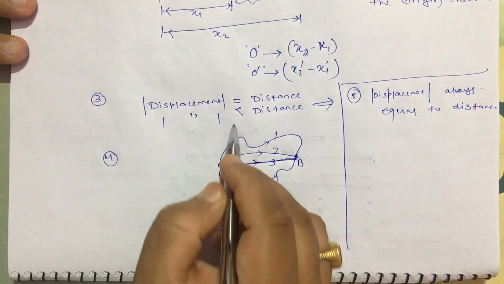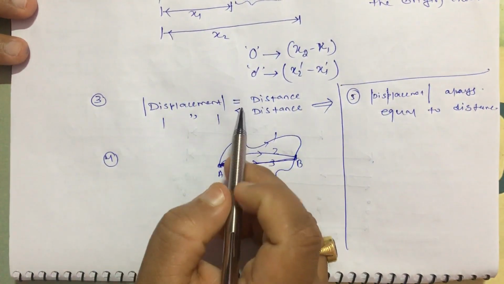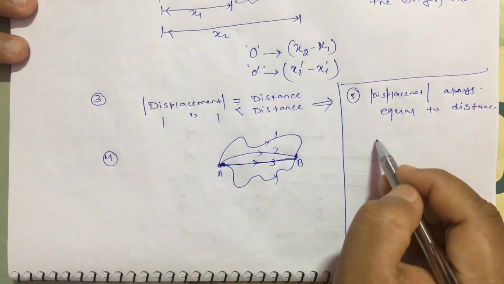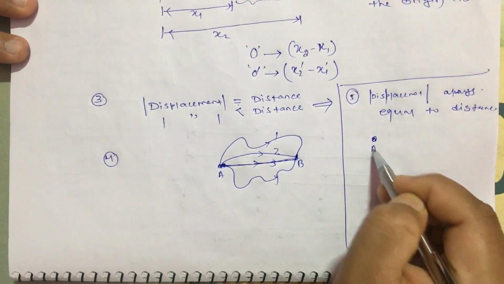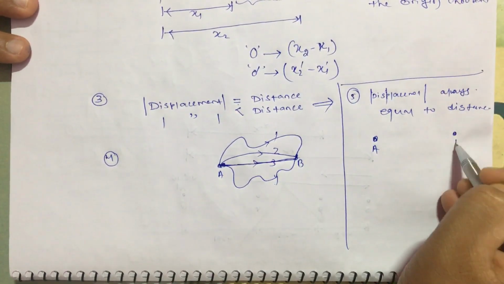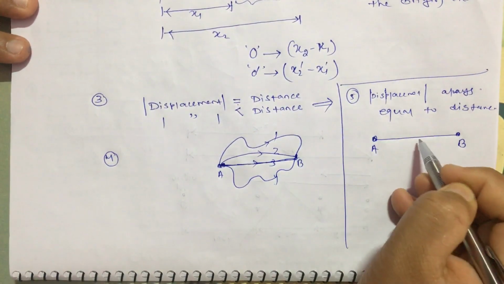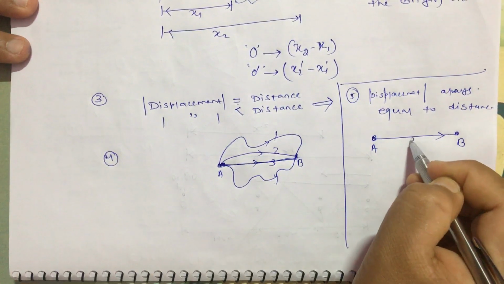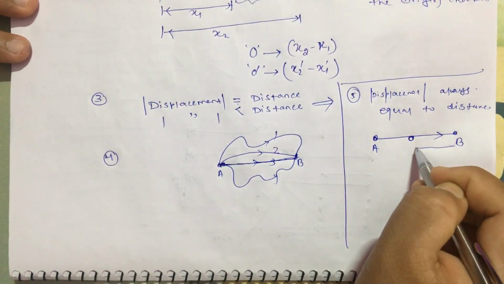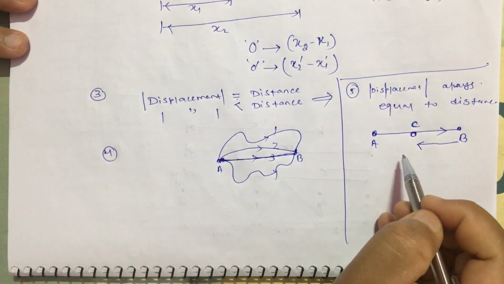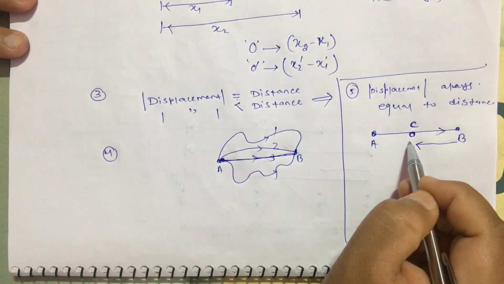It may be equal to the displacement, but it may also be less than it. Let us take an example. Here A is, here B is. An object has moved from A to B and then came back from B to C. In this case, what is the distance and what is the displacement? Displacement is from here to here.